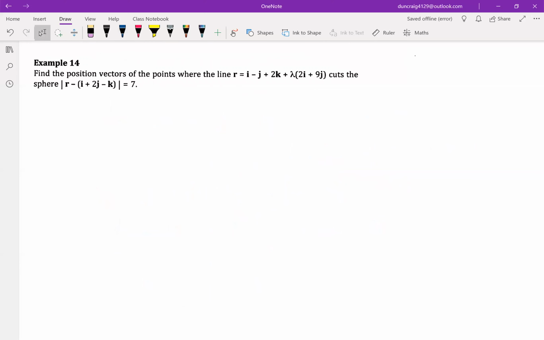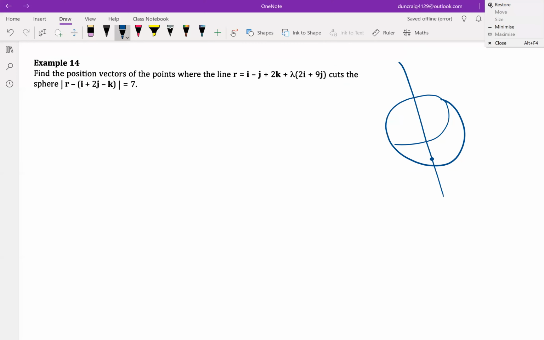Second example here. We want to find the position vector of the points where that particular line cuts through a sphere. If we try to visualize it, what are the possibilities? Here's our sphere shape, and if we have a line cutting through it, we're going to have one point of entry and one point of exit.